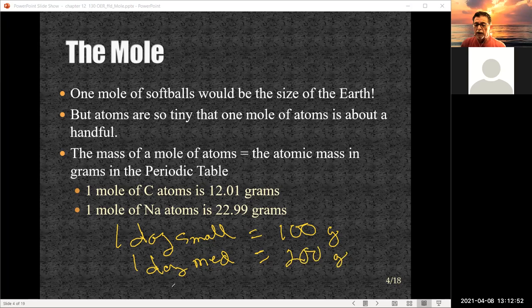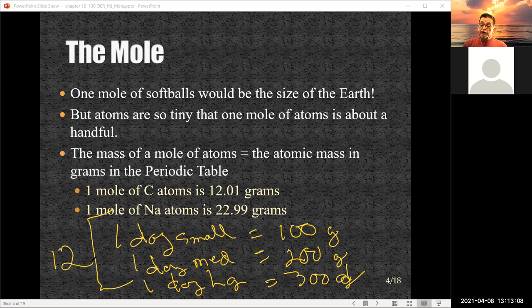That obviously they probably weigh more than that, right? But just giving you some numbers here. And 1 dozen large eggs, yeah, they're bigger. They're going to weigh 300 grams, for example.